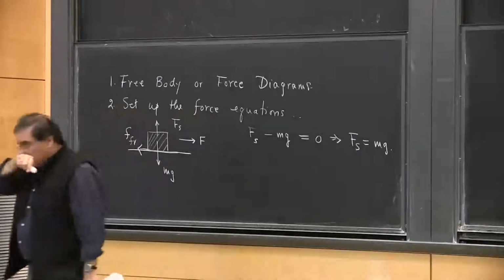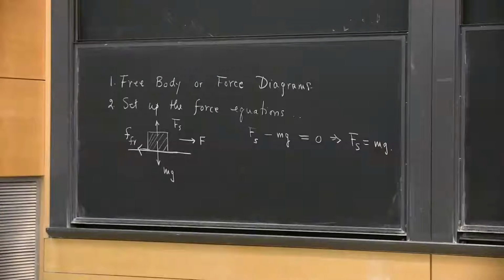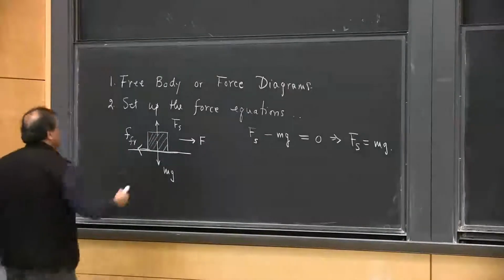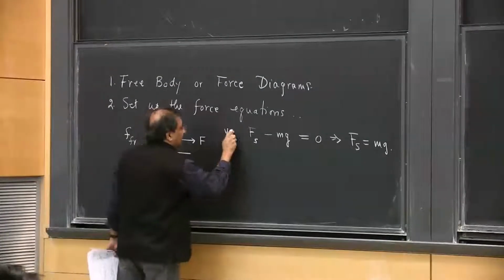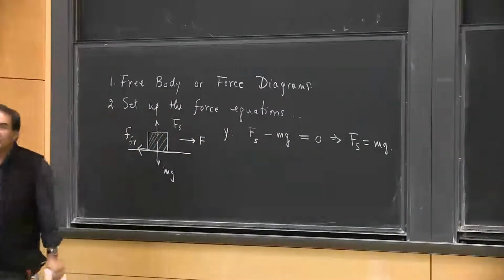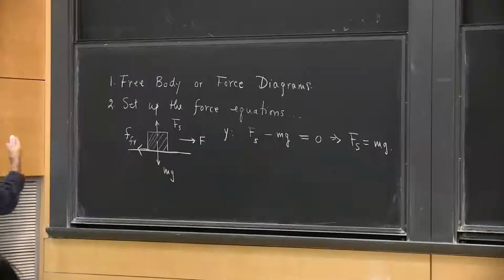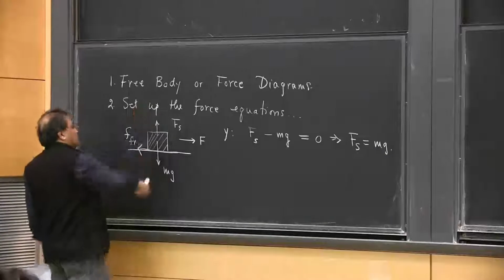Okay? So be very careful here, because this is where you will really fall apart if you don't understand completely what it is that we are doing. So in other words, you have Fs, you have mg. I'm talking about what's happening on the y-axis. So on the y-axis, you have Fs upward, mg downward, so Fs minus mg is 0. There's no net force along the y-axis.